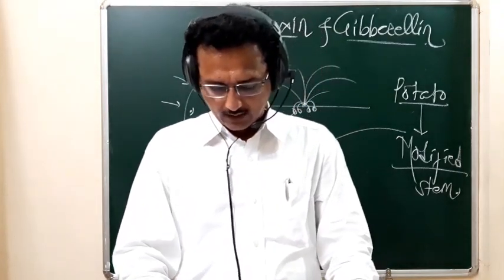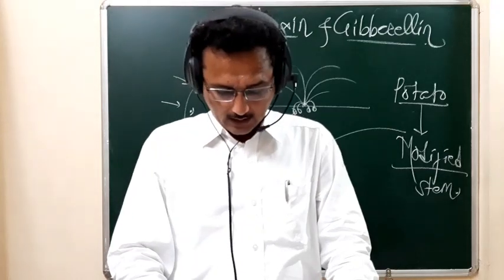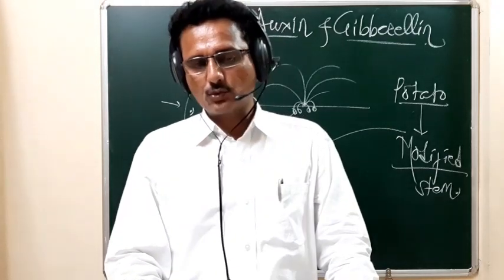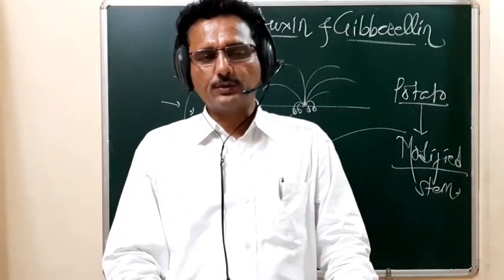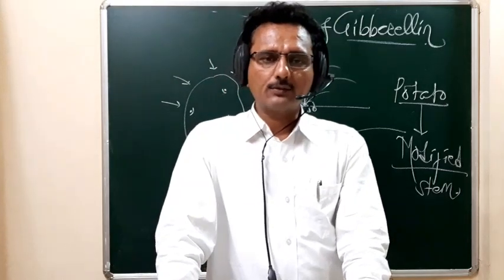Then question number 167. Increase in yield in plants like cucumber by application of auxin is due to: this question is also based on your application knowledge.